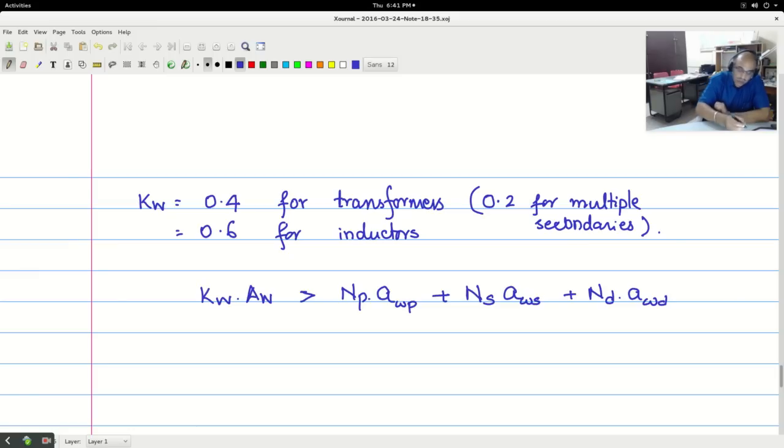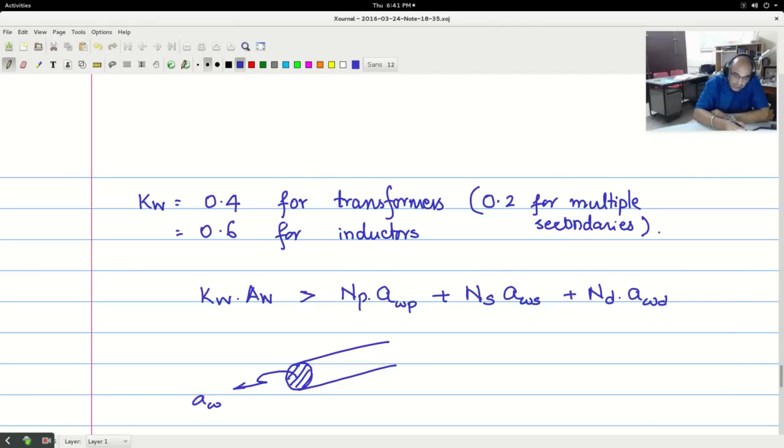So when I say wire cross section area, when I am having a conductor, copper conductor, this is the wire cross section area, AW. So it could be AWP for primary wire cross section area, AWS for the secondary wire cross section area, or AWD.